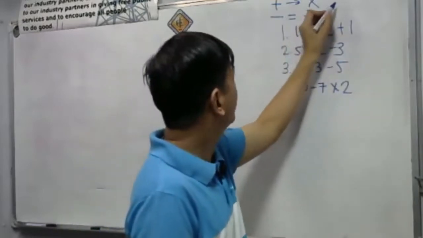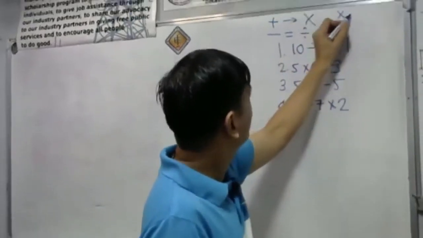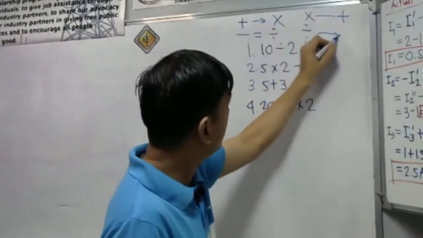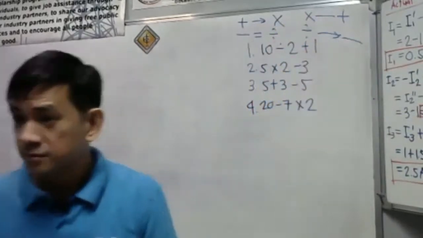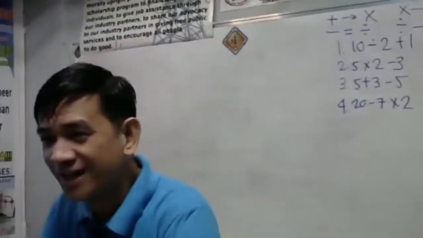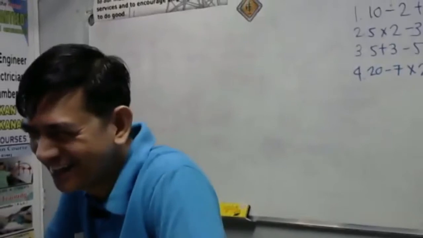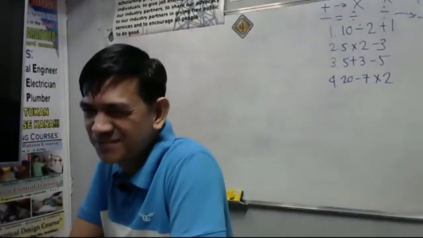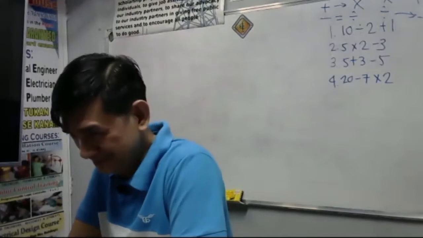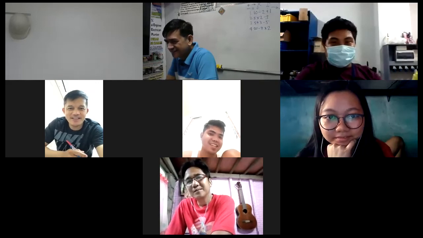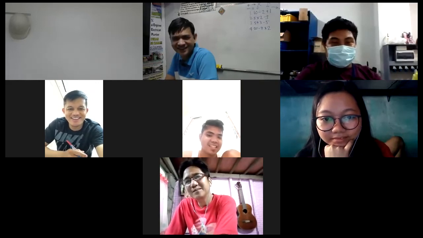When you see a multiplication, you consider that as a plus. When you see division, you consider that as a minus. May papasa, wala. Leo, may papasa, wala. All fail, sir. All failed.